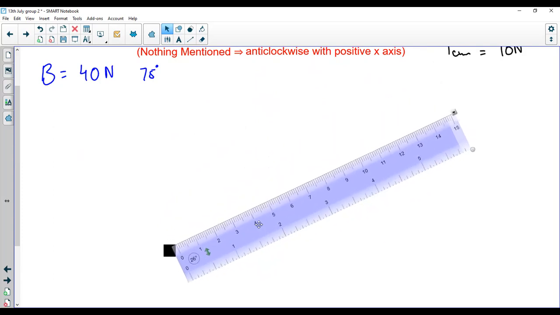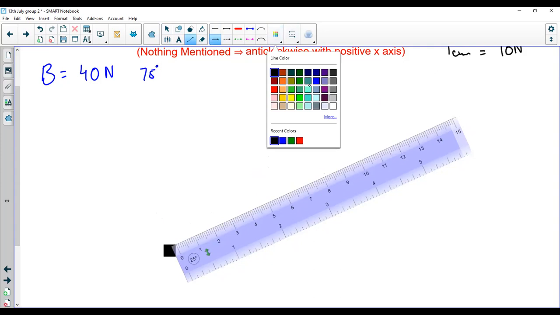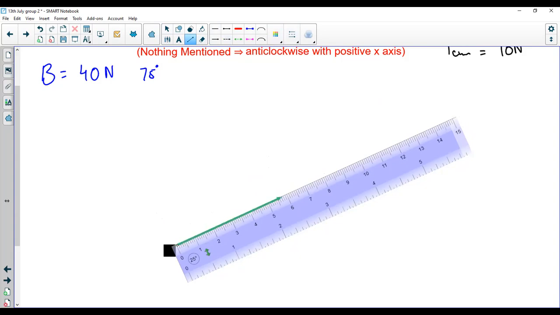So it's 26 right now. I make it 25. So that's 25. I have mentioned that the green vector, the vector A, is 100 Newton. So 100 Newton will be a 10 centimeter long vector. Got it? So that's 100 Newton at 25.